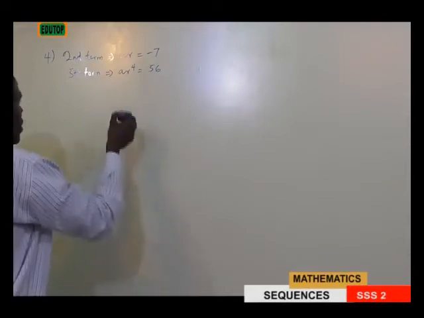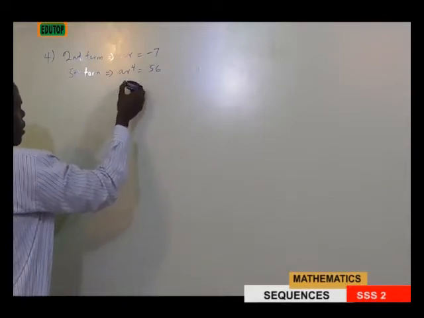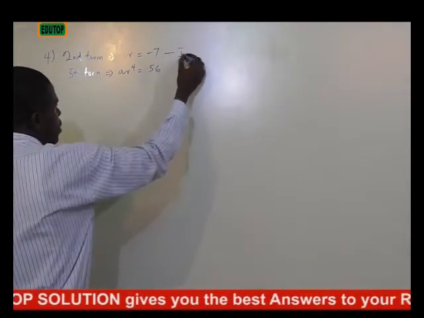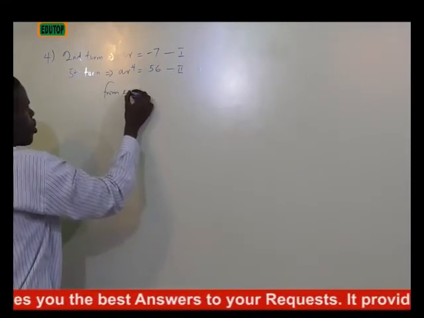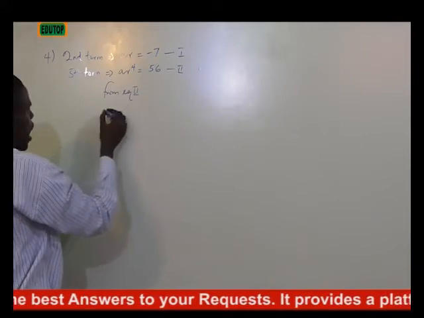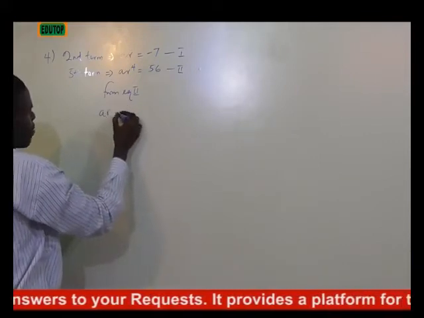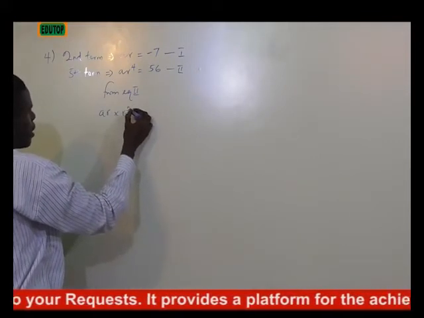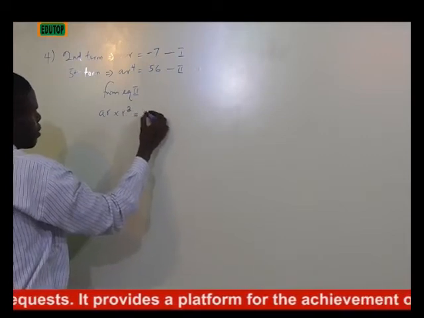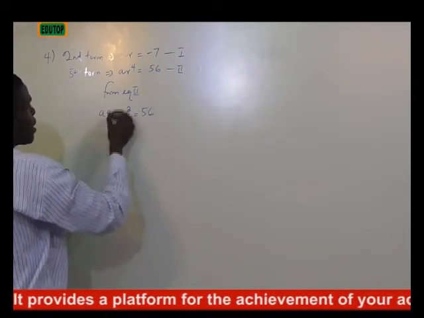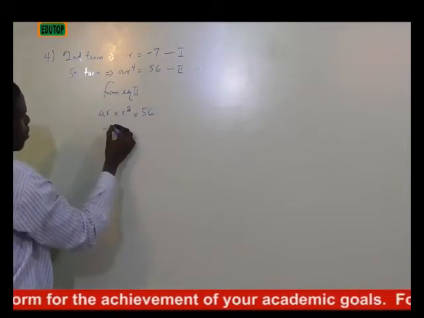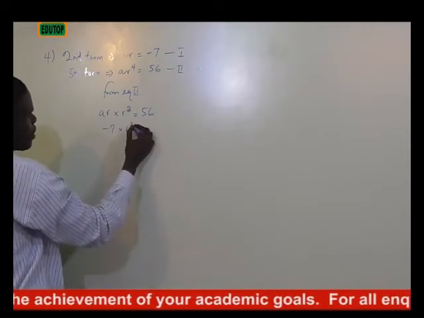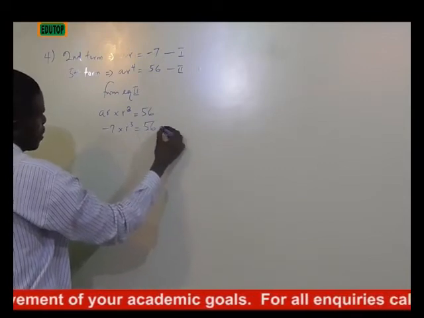Here, it can be deduced that this is equation 1 and this is equation 2. From equation 2, we have AR times AR raised to power 3 by law of indices equals 56. And since our AR from equation 1 is minus 7, we can substitute that. Then we have this equals 56.